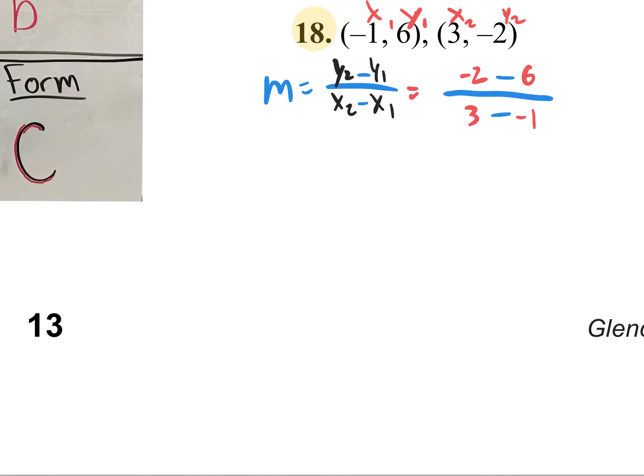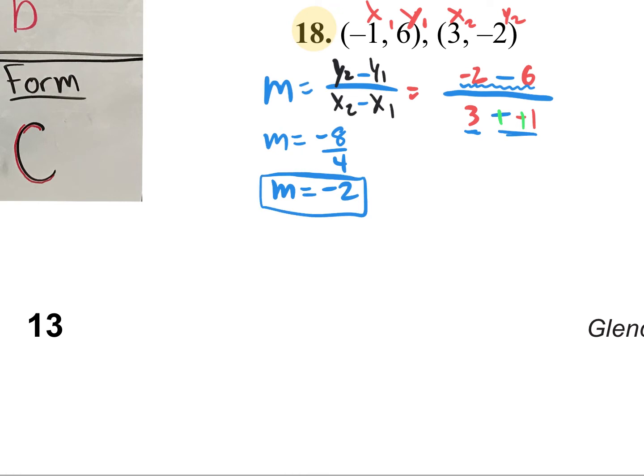And the minus minus changes to plus. So our slope will be -2 minus 6, that's -8, over 3 plus 1, that's 4. So what is our slope? Our slope is -2. Are you with me? I hope so. Good. One person's with me. All right. So we have our slope, and we have some points.